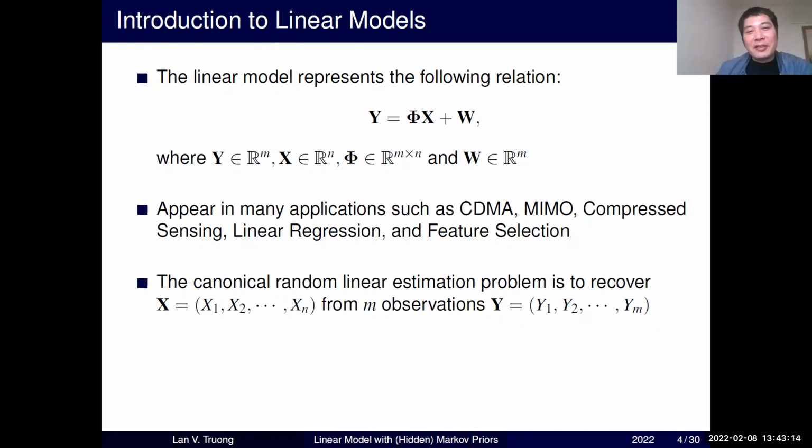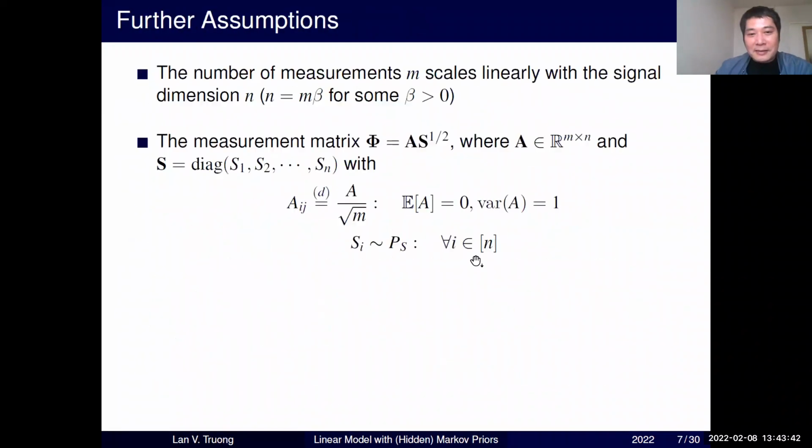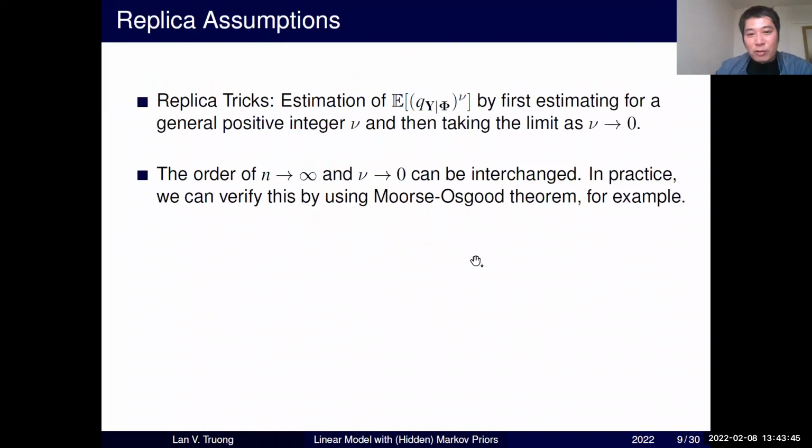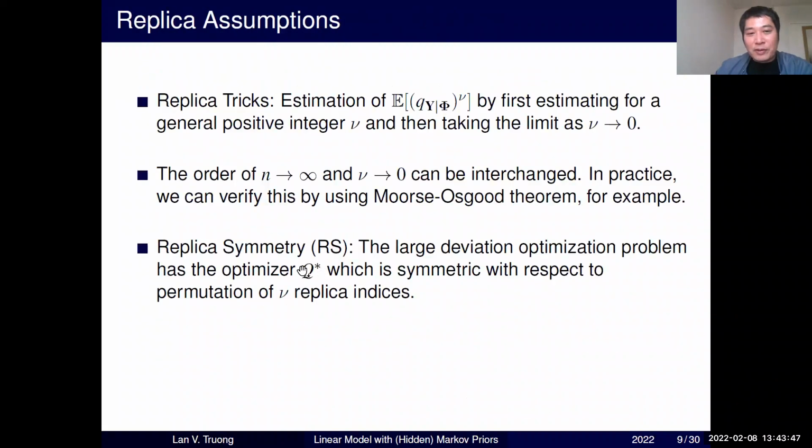Actually, yes. We just verify our results for some examples. We cannot verify every example. So sometimes the replica symmetric assumption works for some examples, and we need a replica symmetry breaking assumption, because we put an assumption here on the structure of the solution, for example, the structure of Q star here.